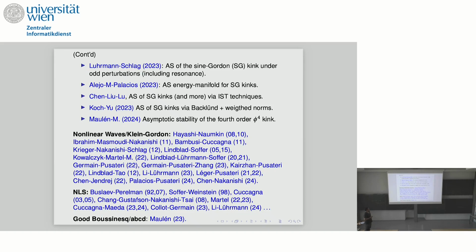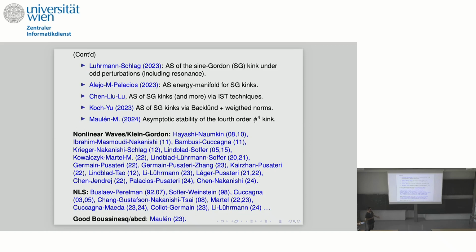With Alejo and Palacios, we know that the sine-Gordon kink is not asymptotically stable in the energy space, but we tried to find what is the good subspace of the energy space where you have asymptotic stability.